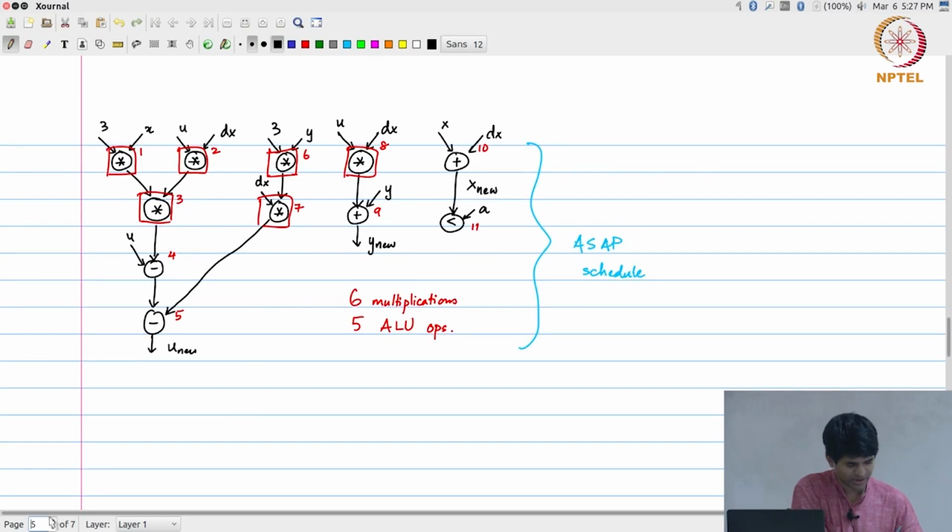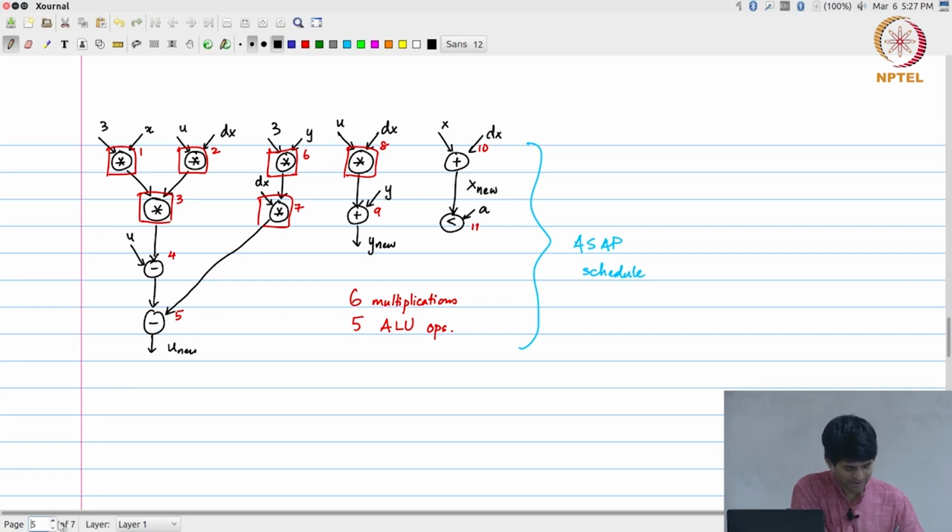But supposing I now put a resource constraint. So, let me go back, look at this same diagram over here and say what happens if I put a constraint saying that you are only allowed to run 2 multiplications at any given point in time. Anyway, the multiplications get over in 1 clock cycle, so I am not worried about pipelining or any such thing, but I can only run 2 multiplications at a point in time, and a maximum of 1 addition, 1 ALU operation.